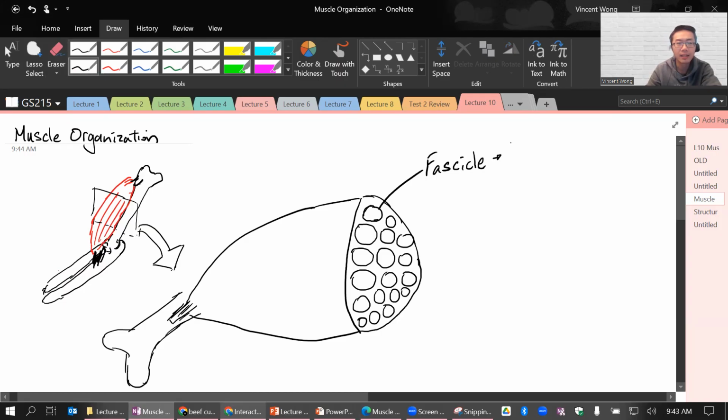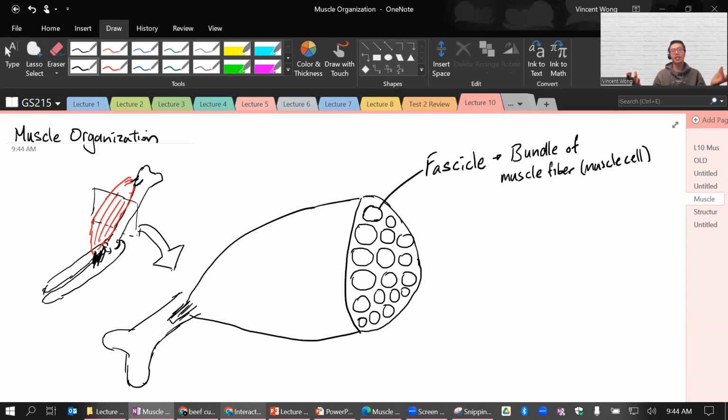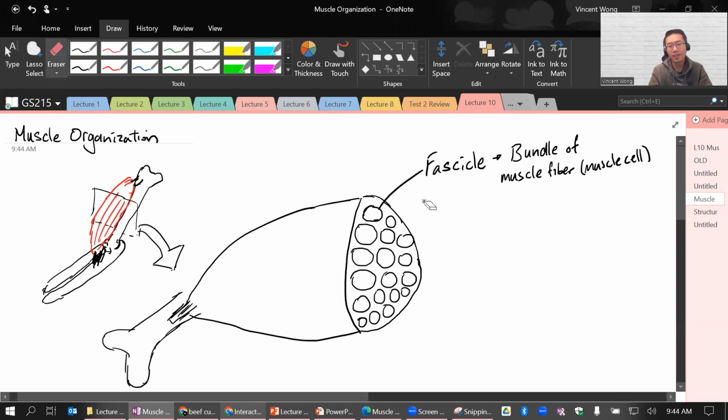A fascicle is a bundle of muscle fibers, and a muscle fiber is essentially a muscle cell. So if you take a bunch of muscle cells and group them together, you get yourself a nice fascicle.